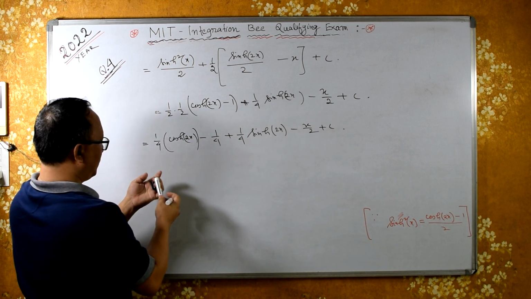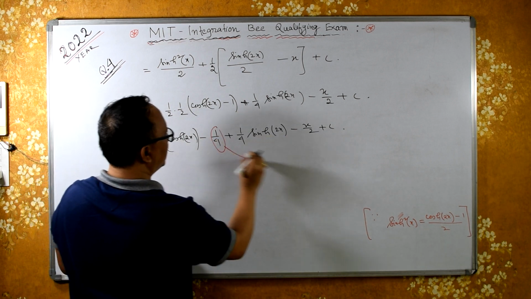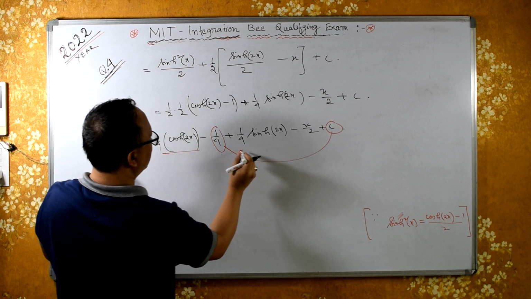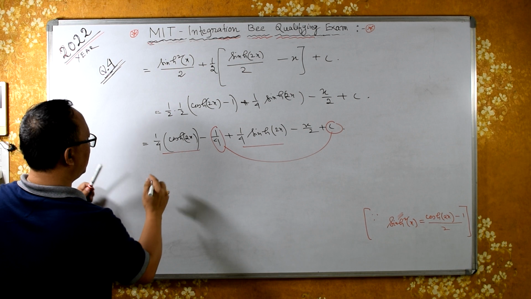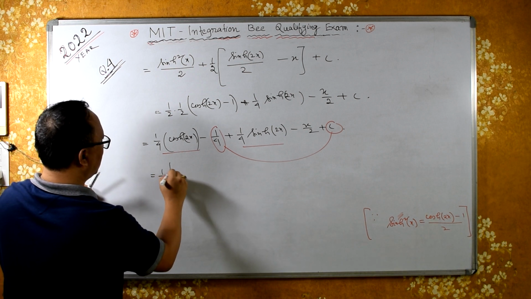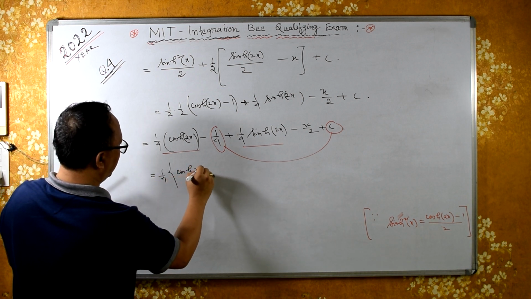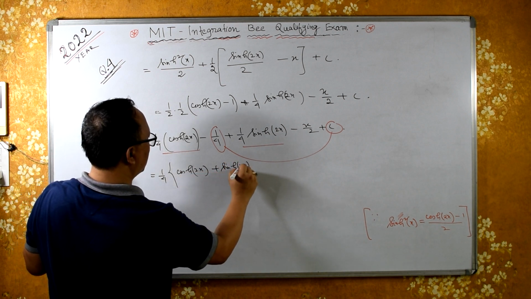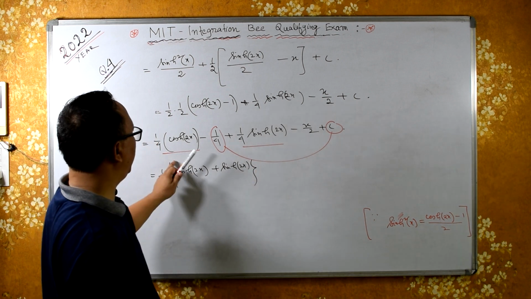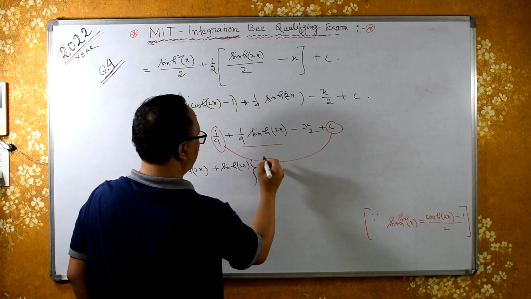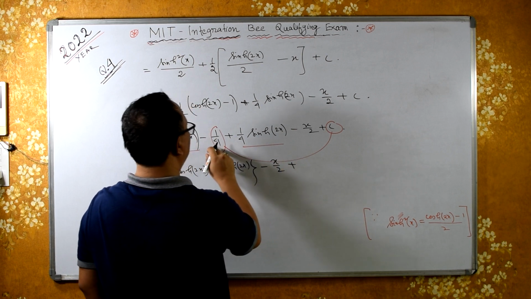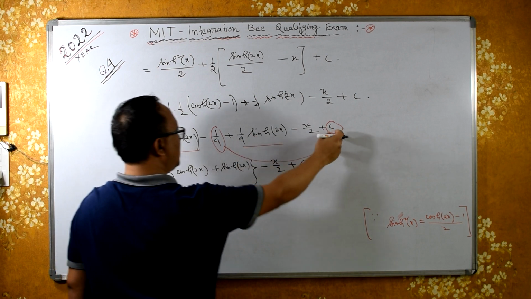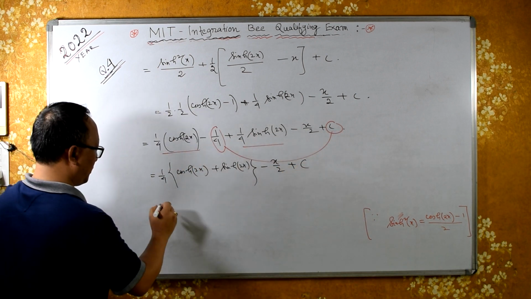Let's combine these constants into one. From these two I can take 1 by 4 common: cosh 2x plus sinh 2x, and then minus x by 2. This minus 1 by 4 plus c becomes some other constant, so c is also some constant.